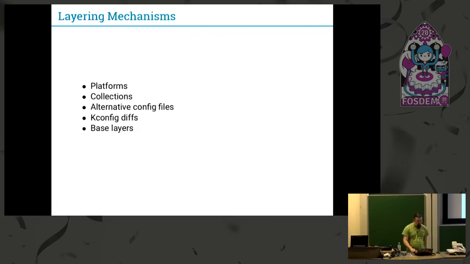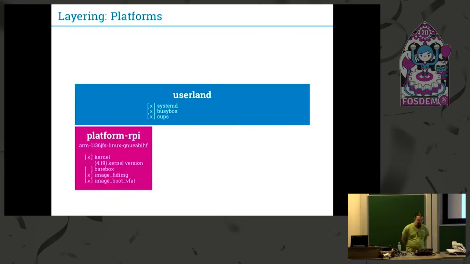So I will talk about layering a bit. So PTXdist started up with platforms. So platforms are the oldest mechanism to layer things on top of each other, but there are 5 different others. We'll start with platforms. In this example, I'm maybe using a platform for Raspberry Pi.